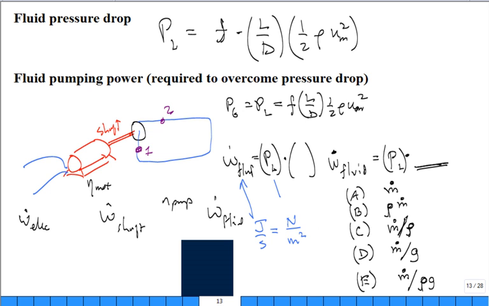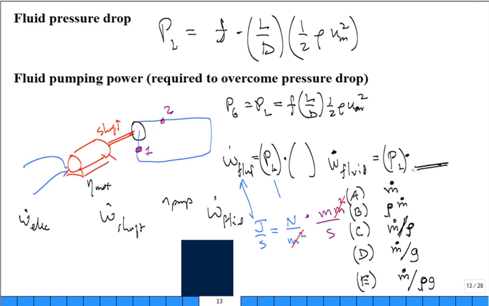I'm going to need something that's per second. And a newton times a meter is a joule. But I have that pesky meter squared there, so I'll put a meter squared there. Will that work? Then the meter squared goes, and what I'm looking for has to have units of meters cubed per second.